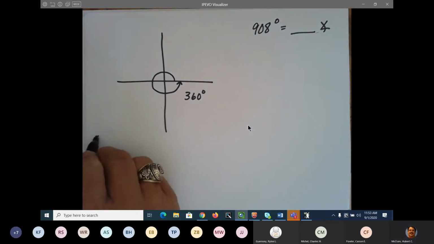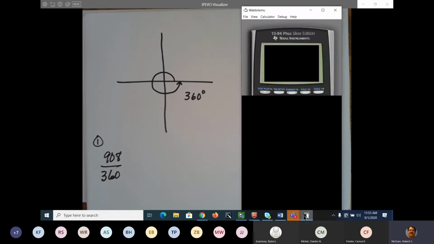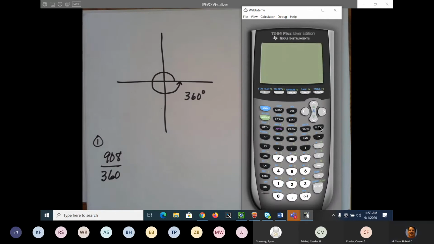908 divided by 360. So I take my handy dandy calculator, turn it on first, 908 divided by 360.